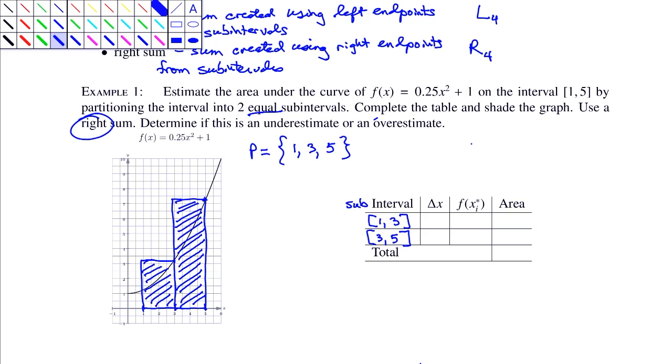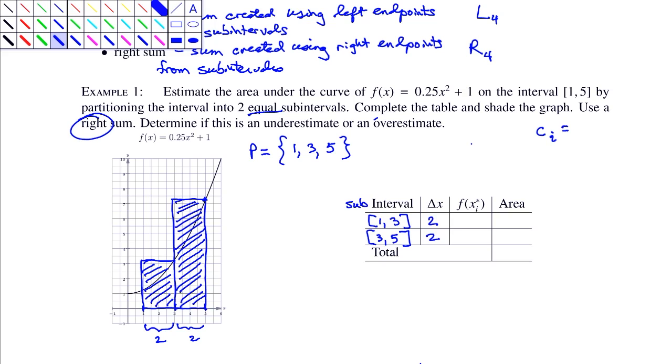Delta x is the length of the subinterval. What is the subinterval length? 2 and 2. And then we need to compute f of what I call xi star. It's very creative on my part. The computer uses a ci.